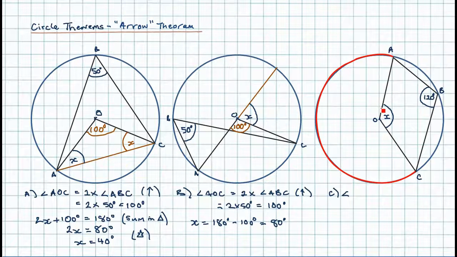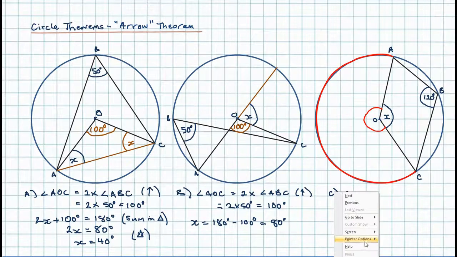So it's this angle here, the reflex angle, not this angle here. So we can't say that x is twice this angle at the circumference. What we're saying is that this reflex angle here is twice the angle at the circumference. And if you think about it, that looks right, because that would mean this is 240.